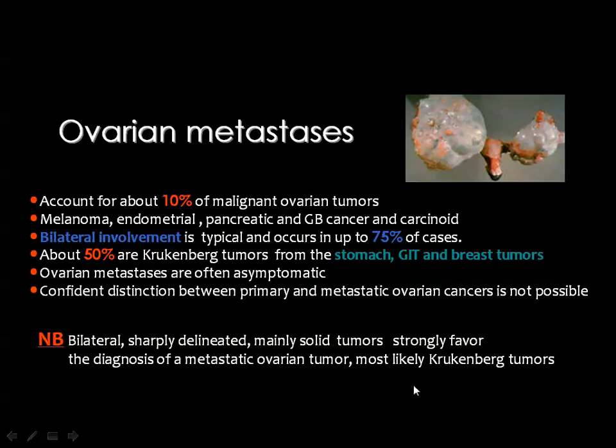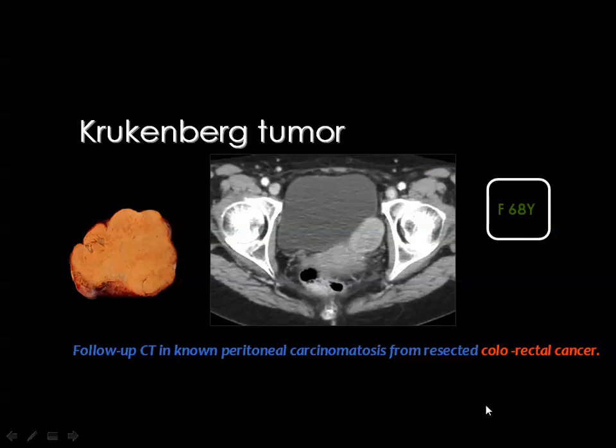You know that ovarian metastases are usually bilateral, and they are usually small, and they are usually solid. These metastases frequently come from the stomach or the gastrointestinal tract, sometimes from breast tumors, and they are known as Krukenberg tumors.